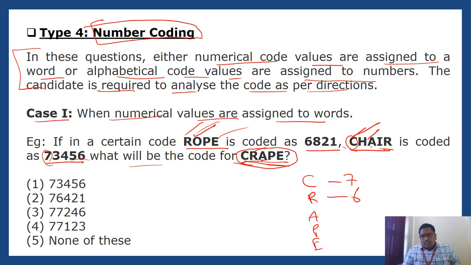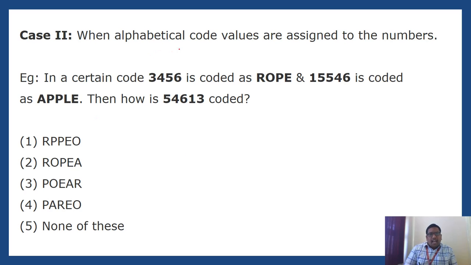A means the middle one, 4. Next P. Here P stands for 2. E stands for 1. The answer is 76421. Option 2 is the answer. Clear? So this is one case in number coding where a word is coded to numerical values.